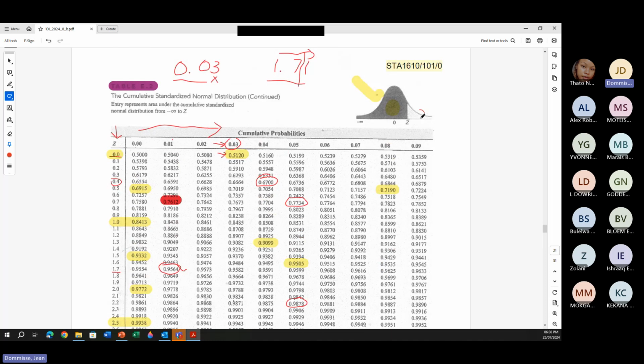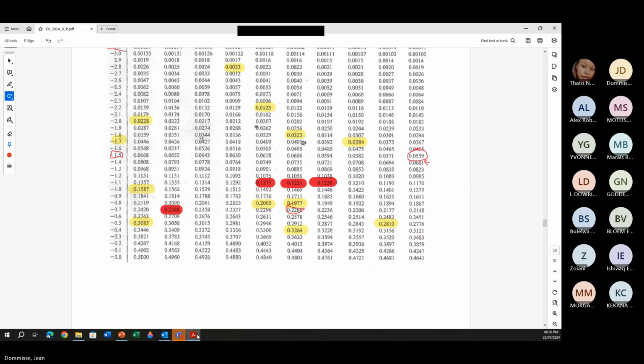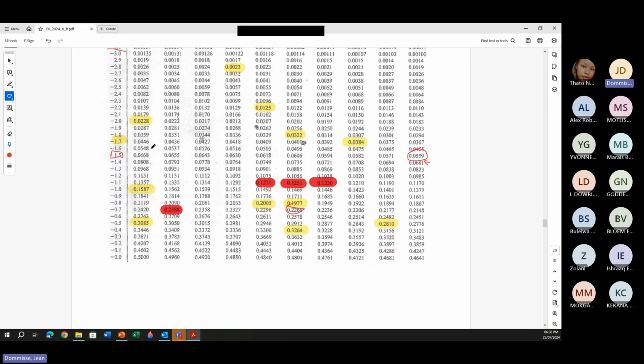I want that small area, so let's go to a negative table, but let's just round it off, and hopefully this does not give us problems. 1.13, so negative 1.13.